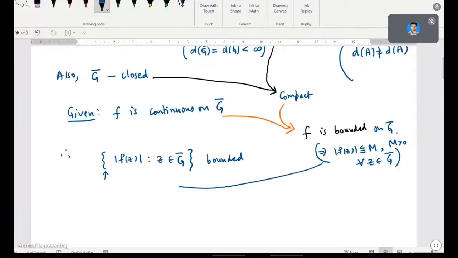The same thing I have written like this. And class, this is bounded. And moreover, take a note, this is a subset of G closure, which is closed.